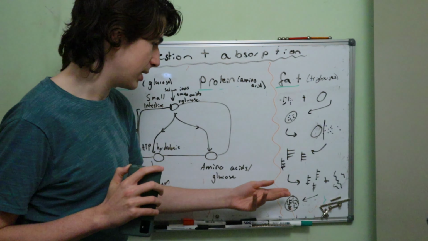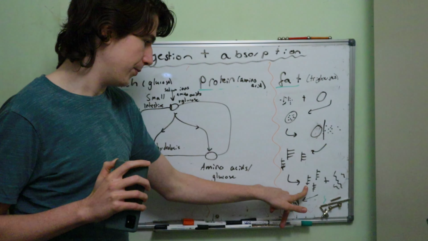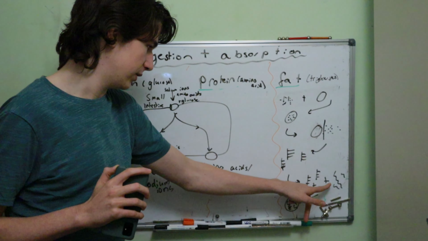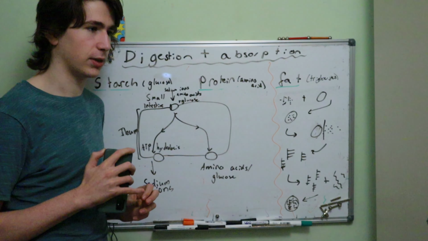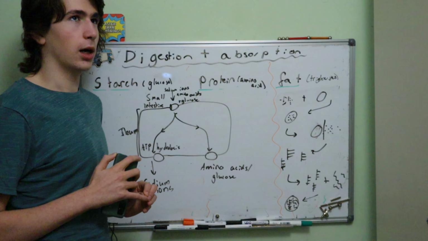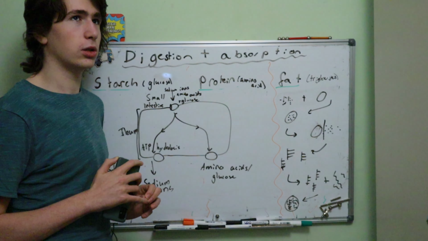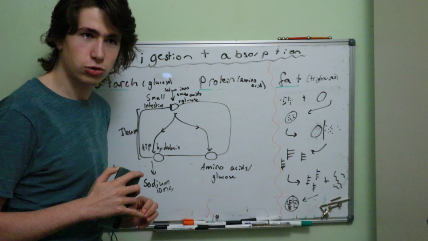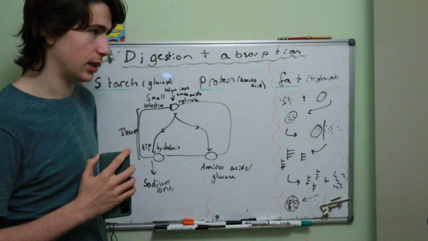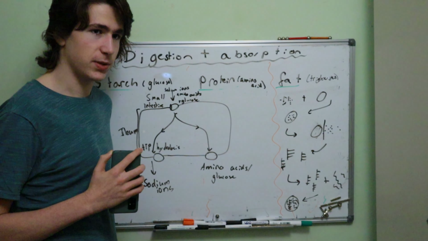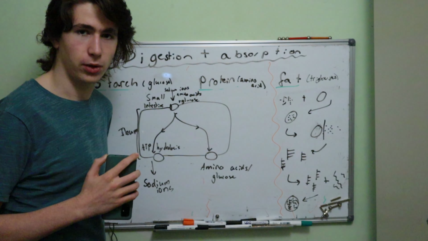The Golgi apparatus mixes these triglycerides with some proteins, and this creates something called a chylomicron. I will put that up there because that's hard to pronounce, but I think it's CH something and then cron.